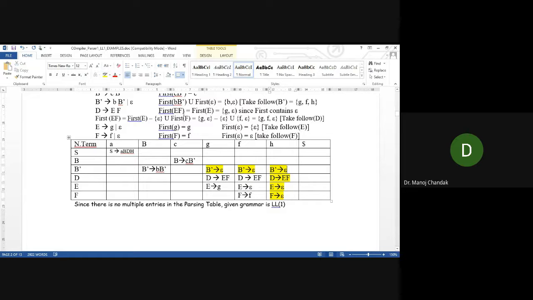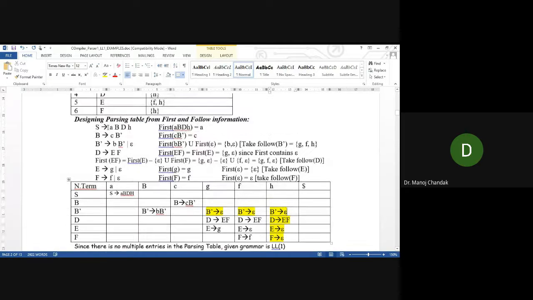Everybody understood why B dash derives to epsilon is added in these three places, why D derives to EF is added. You cannot add any rule which is not given in the grammar in the table. So if I add here D derives to epsilon, it is not correct because D never reduces to epsilon. D reduces to what? EF. So for H, it is reduced. Okay.